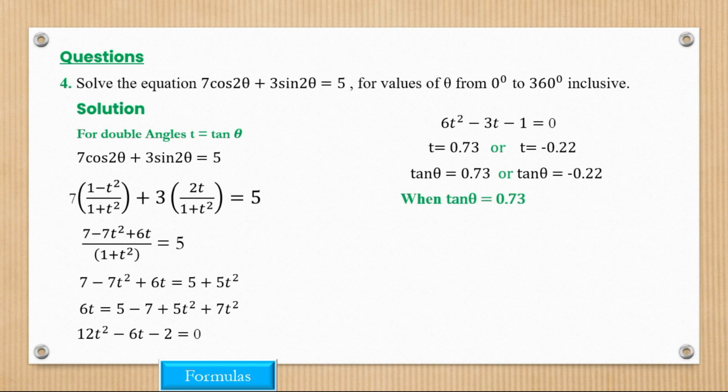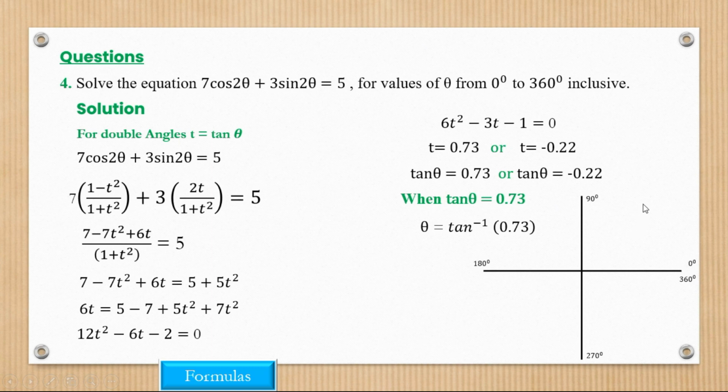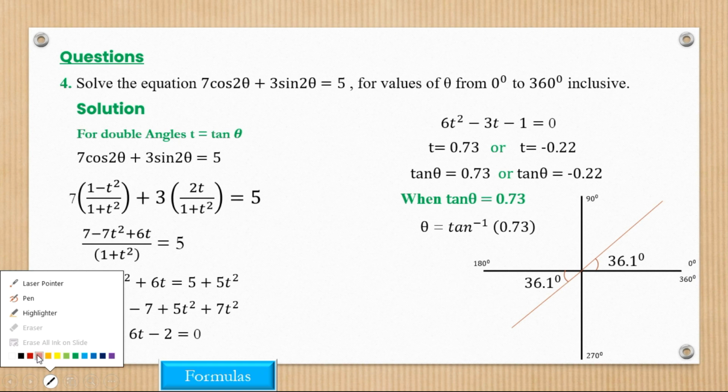So for tan θ = 0.73, we have tan inverse of 0.73, which is 36.1. We're going to place 36.1 in regions where tan is positive, and that includes this region and this region, so the first and third quadrant. So we have the 36.1 there, and then we do some rotation.